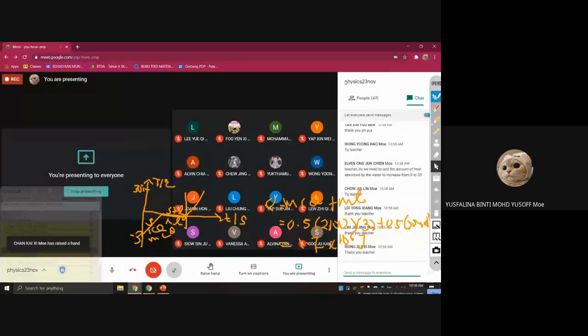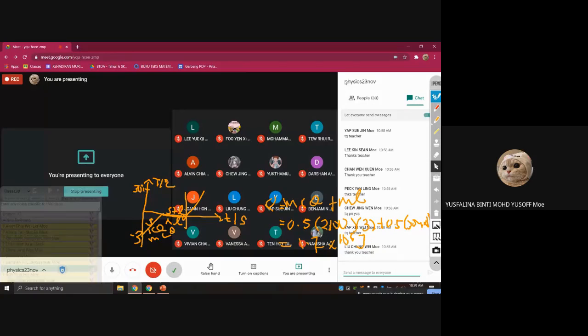And the amount of heat absorbed? No need, because, Evan, you are still here, right? They only ask for the amount of heat energy needed until the ice is totally melted.